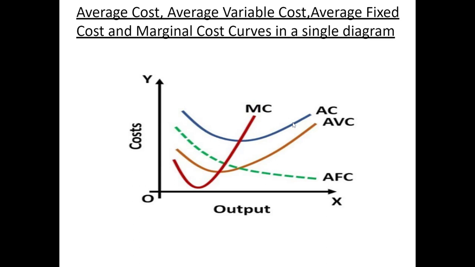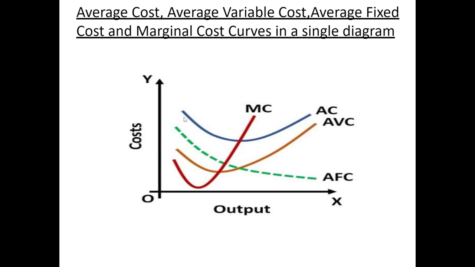As we know, students, average cost is the total of average variable cost and average fixed cost. Therefore, observe that the gap between average cost and average variable cost keeps on declining.